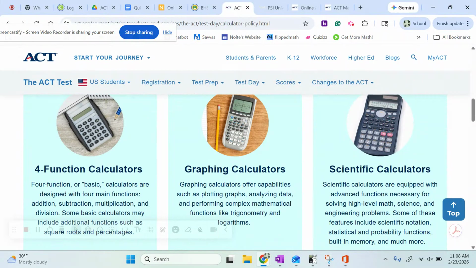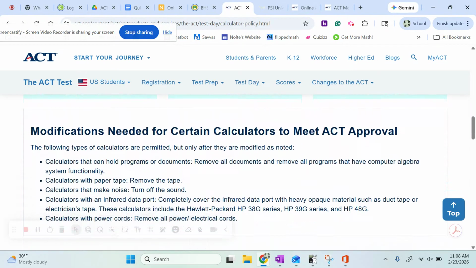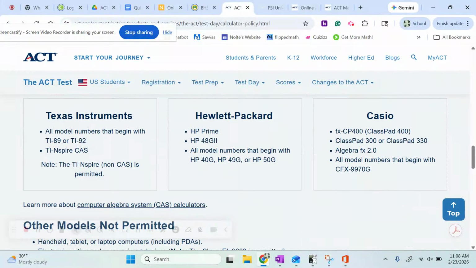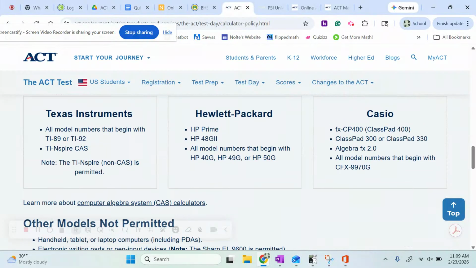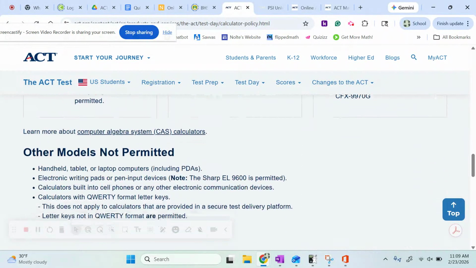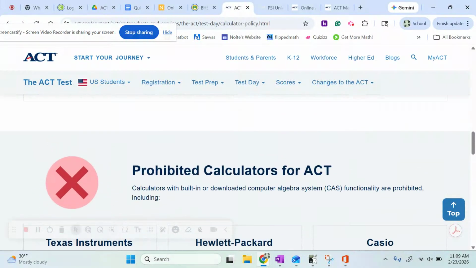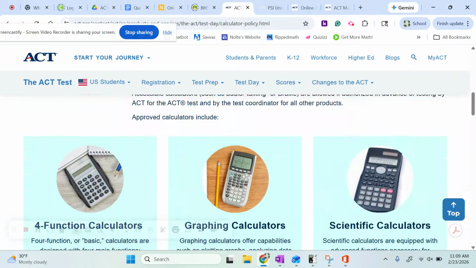If you're more efficient at using something that you have that is allowed by the ACT, then you can use those. There are just a few that are not allowed, and those are basically calculators that will solve stuff for you. But ask a math teacher if you're unsure if you have a calculator that may or may not work. So do make sure you have a calculator for sure.